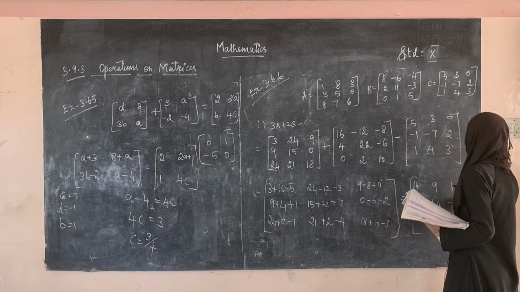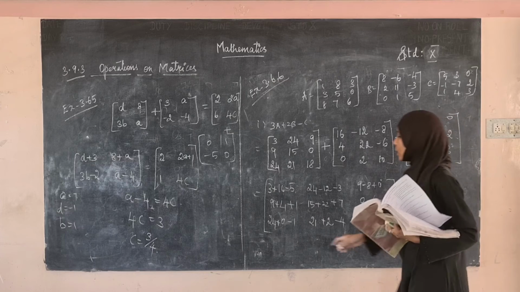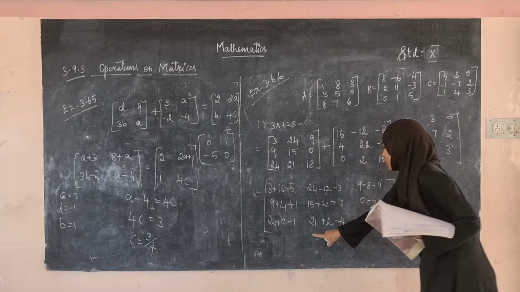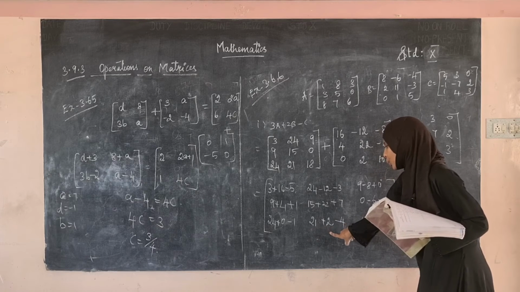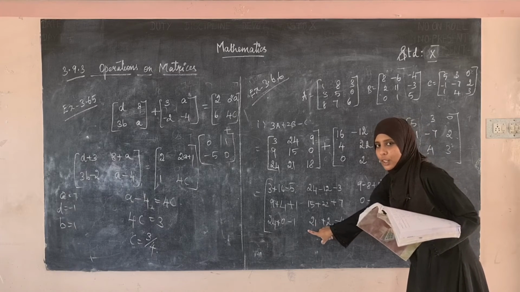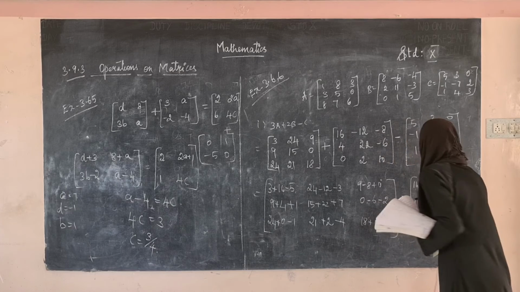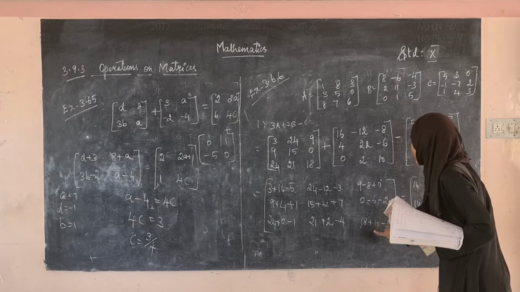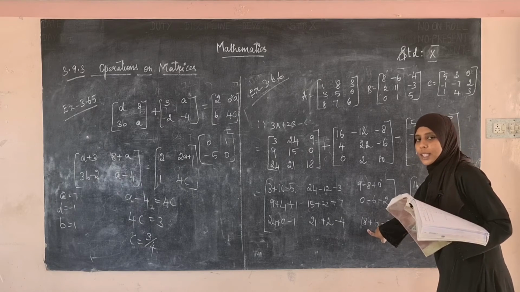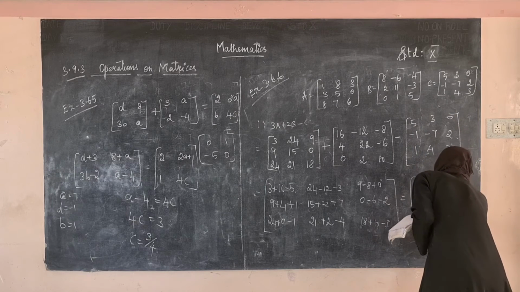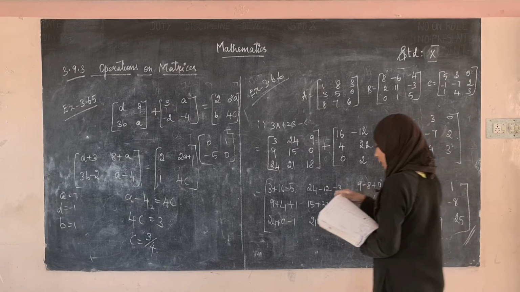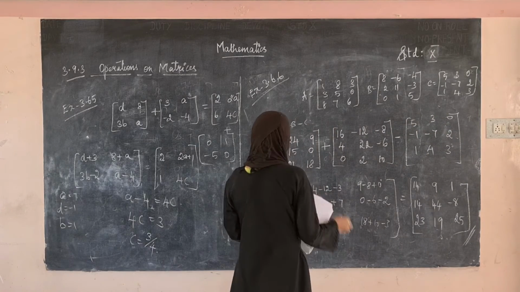Minus 6 minus 2 is minus 8. 24 minus 1 is 23. 21 plus 2 is 23. 23 minus 4 is 19. And here 18 plus 10 is 28. 28 minus 3 is 25. This is the required matrix.